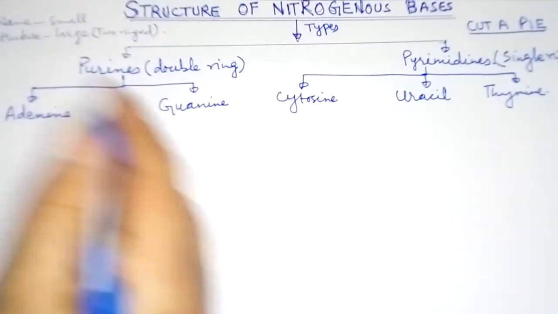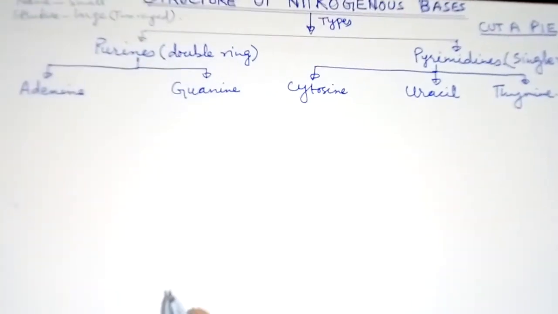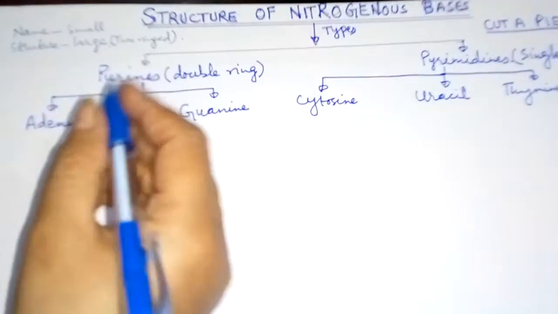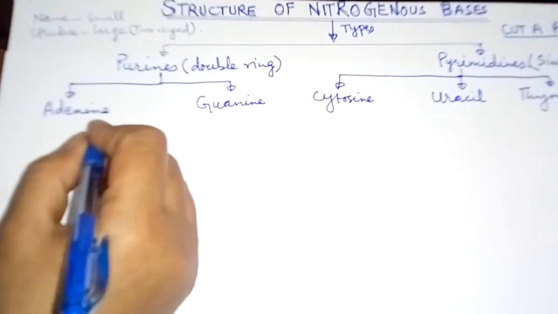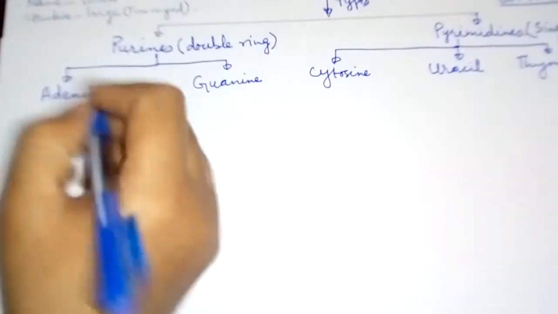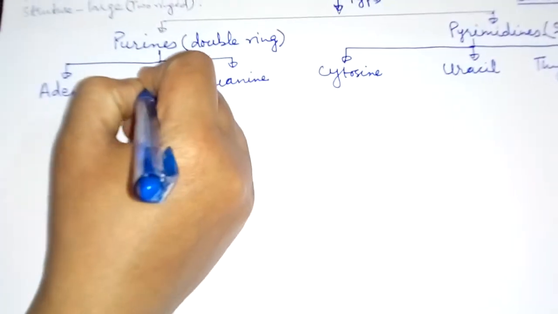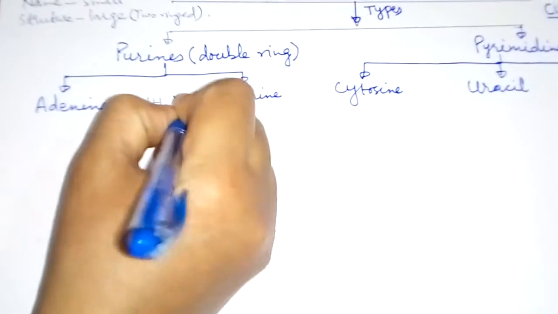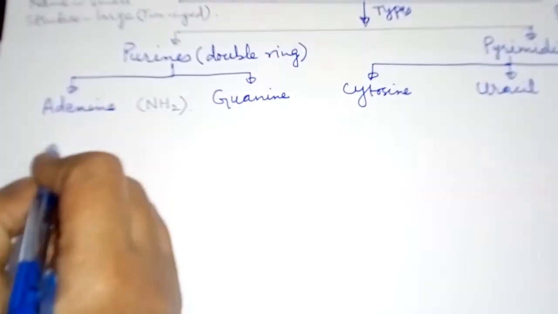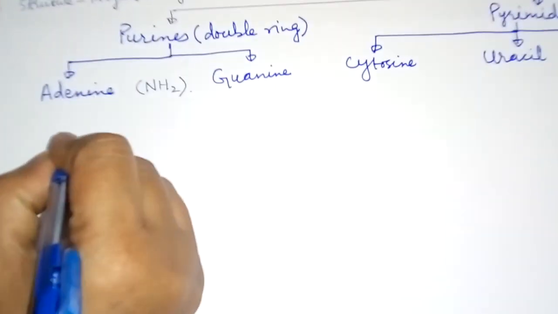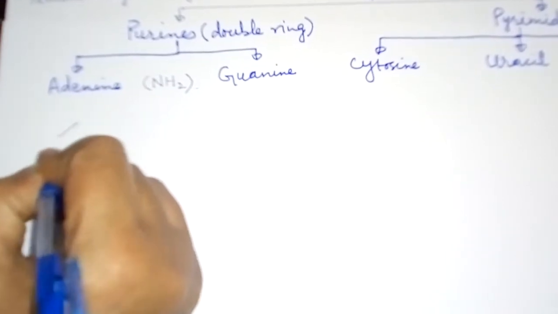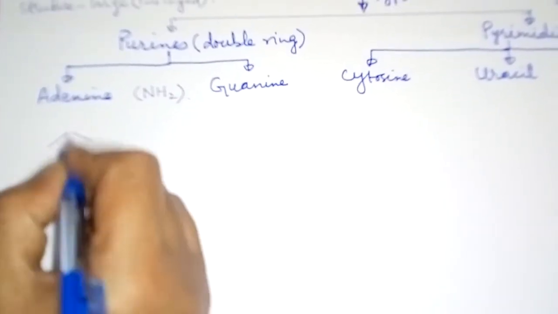Now I will draw the structure of purine. Adenine and guanine, you have to memorize that both have an amino group with them, and they are double ring structures. First of all, I will draw a two ring structure.